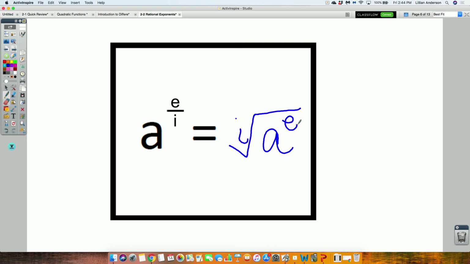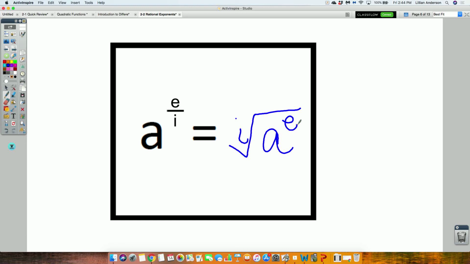Exactly. These two mean the same thing. So if it's given to you in this exponential form, you can rewrite it in radical form.